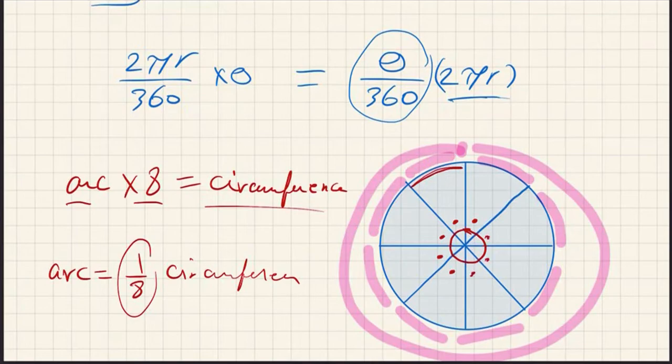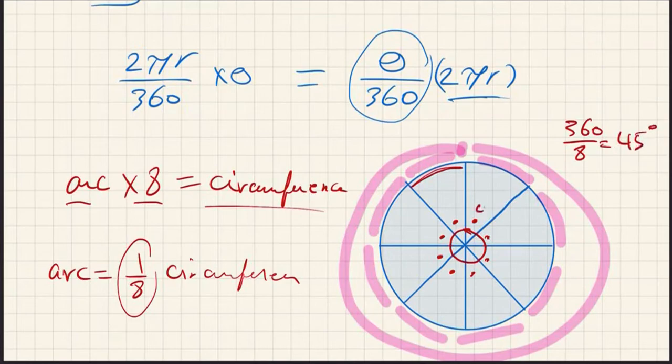All these angles together give you 360, so one of them equals 360 over 8, which is 42.5 degrees, right? Or am I wrong? 360 divided by 8 is 45, sorry. 45 degrees.